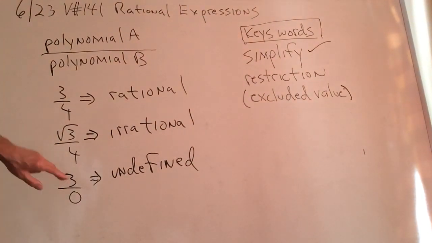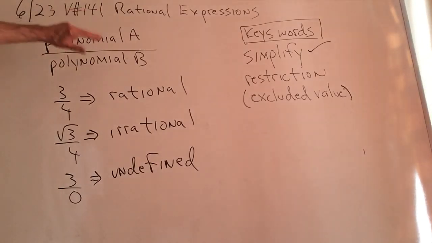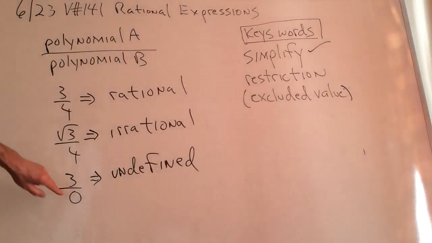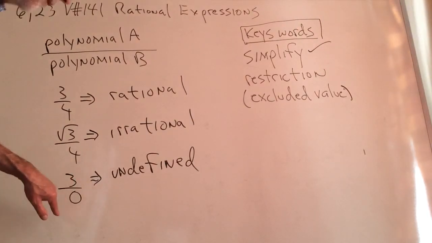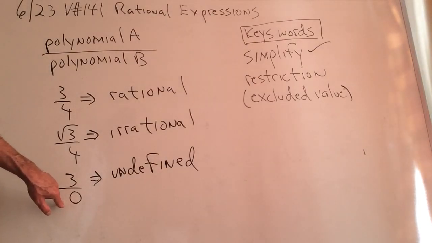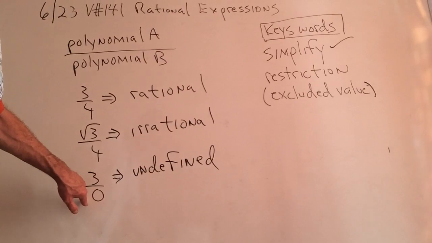So we can come up with any polynomial divided by another polynomial, but it can't equal 0 on the bottom, and you can't have a value inside the polynomials, the numbers that you're using, that give you a 0. And I'll give you some examples on that in the not too distant future. Just give me a couple minutes.